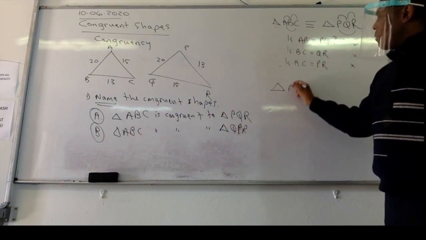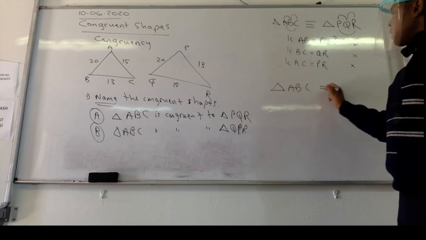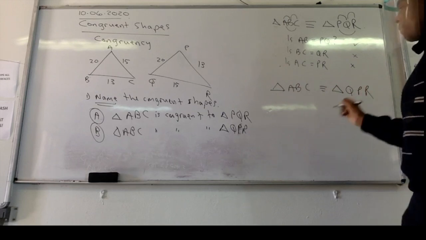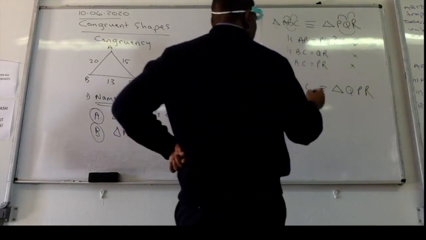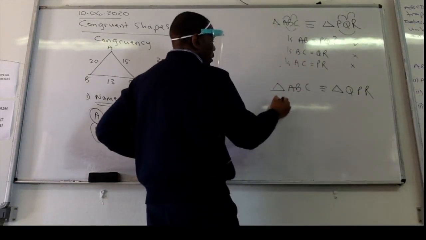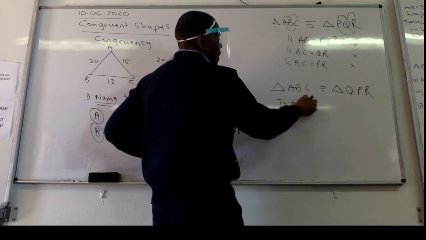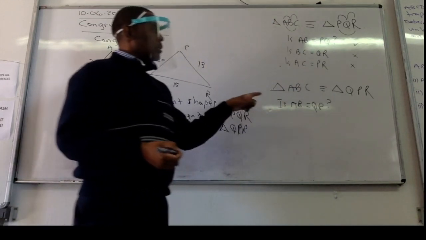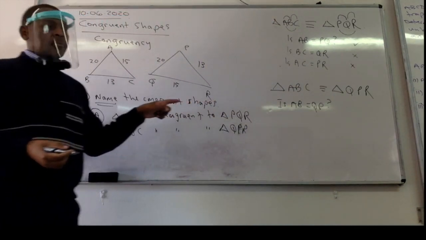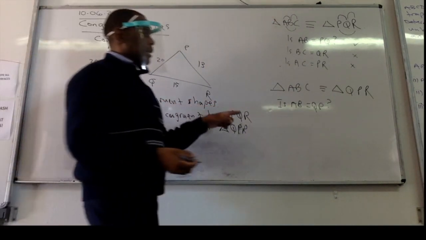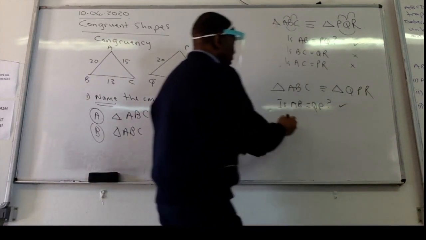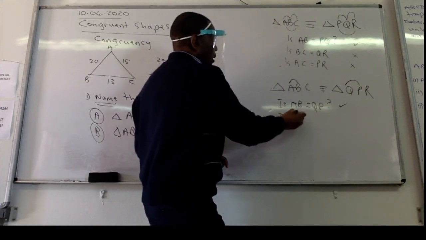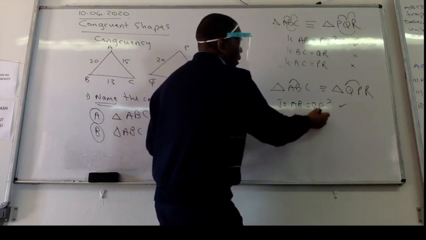Okay? Let's check the second one. She said ABC is congruent to QPR. Do you think AB is equal to QP? Yes. All right. What about BC and PR?